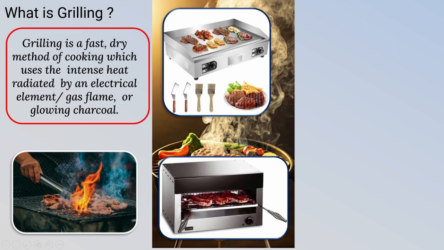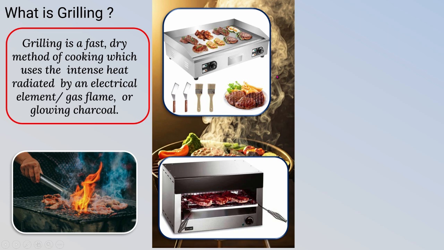So first the meat will be placed on the corrugated side, where the temperature is much higher, to create the grill marks, which are very appetizing. Then once the grill marks are produced, the meat will be lifted and placed on the flat surface where the temperature is comparatively lower, allowing sufficient time so that the meat will be cooked properly. That is the way grilling is conducted.